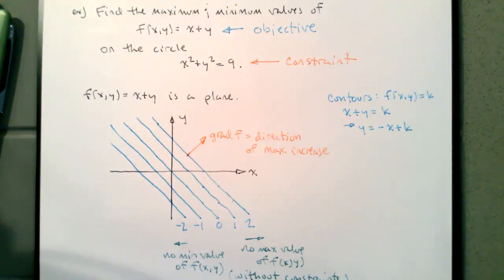The gradient of f will point in the direction of maximum increase. We can see that the direction of gradient of f should be 1i plus 1j. It should go perpendicular to these lines, these contours.